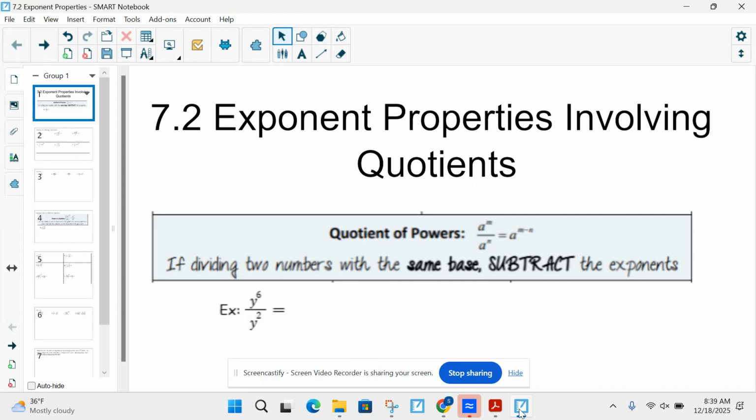Okay, and then number 2. What did you say for number 2? Aubrey. 16 and x to the power of 14. How'd you get 14? I added the powers together.